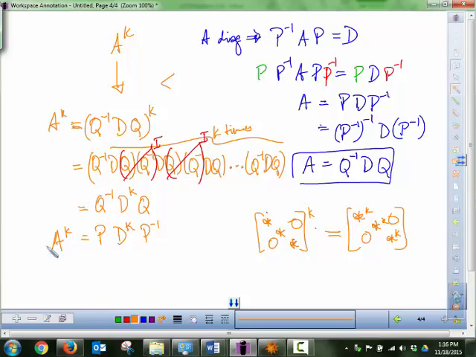It could be a lot easier than multiplying your matrix by itself a bunch of times. So that's a neat little property for inverses, and it's a good simple application for diagonalized matrices. So let's do some of these problems.